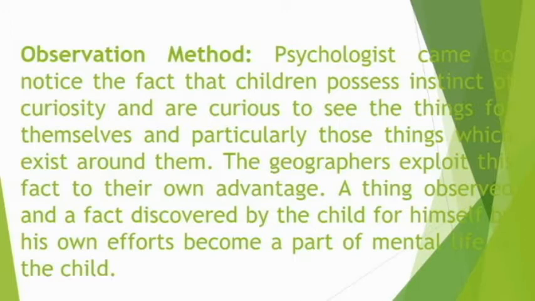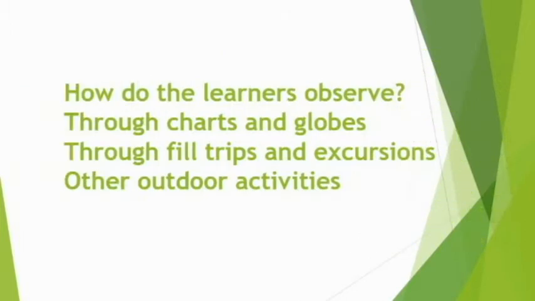A thing observed and a fact discovered by the child for himself by his own efforts become a part of the mental life of the child. Then, how do learners observe? Learners can observe through charts and globes, through field trips and excursions, and other outdoor activities.